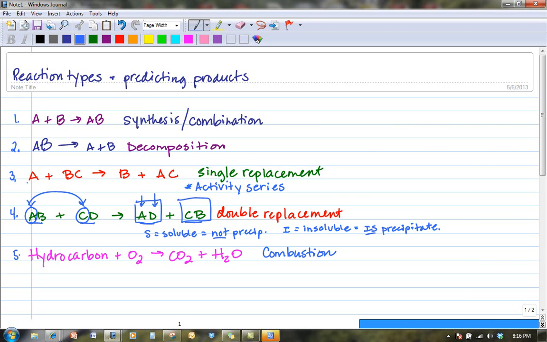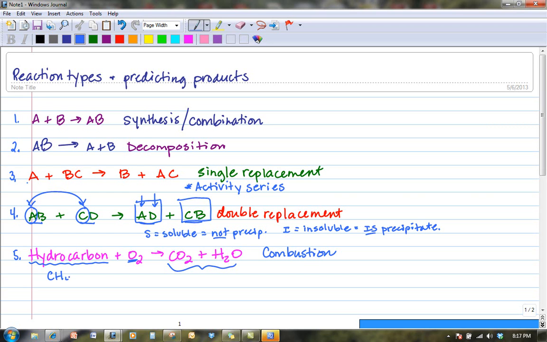The last is called a combustion reaction. In a combustion reaction, we have a new term called a hydrocarbon being added or burned in the presence of oxygen. And the 2 products are always carbon dioxide and water. A hydrocarbon is a compound that's made of C's and H's and sometimes O's.